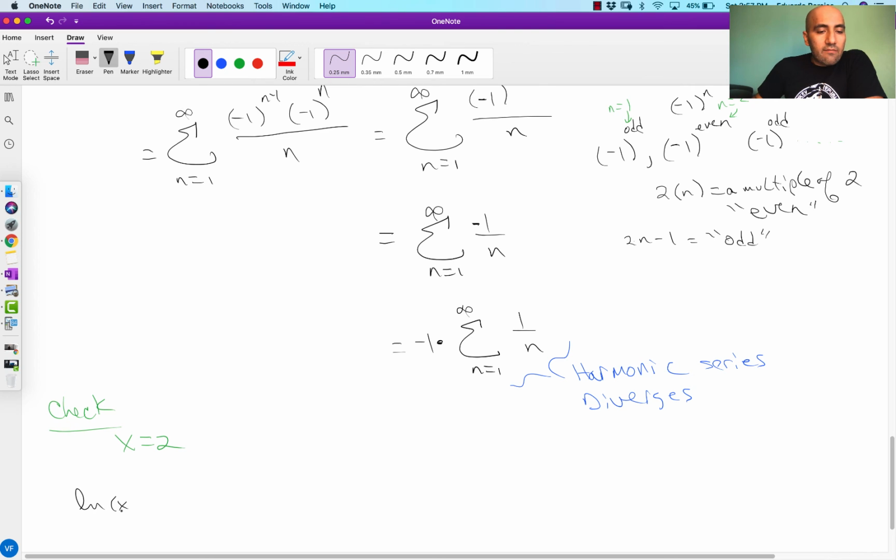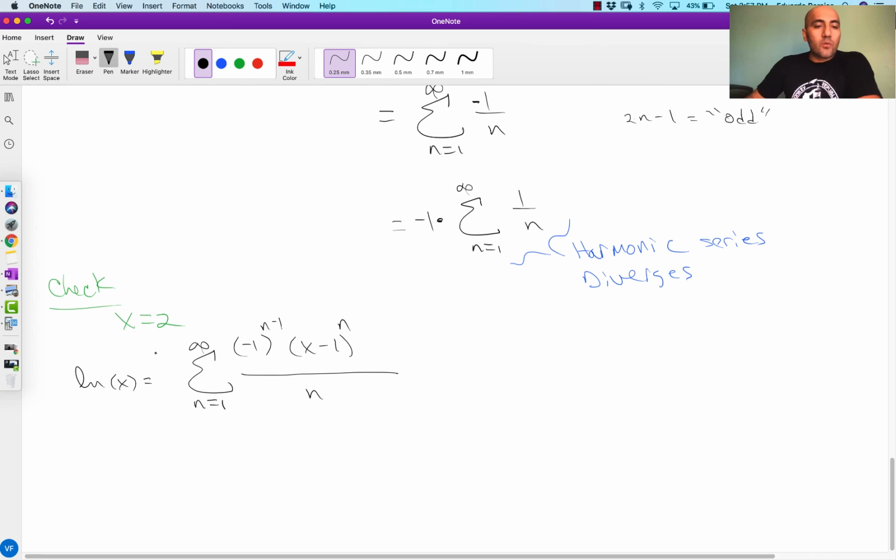And so again, we have that ln of x is equal to the sum as n goes from 1 to infinity of negative 1 to the n minus 1, x minus 1 to the power of n, all over n. And so we're going to replace x right here with a 2. 2 minus 1, we replace the x with a 2, we just get a positive 1. 1 to the power of n all over n.